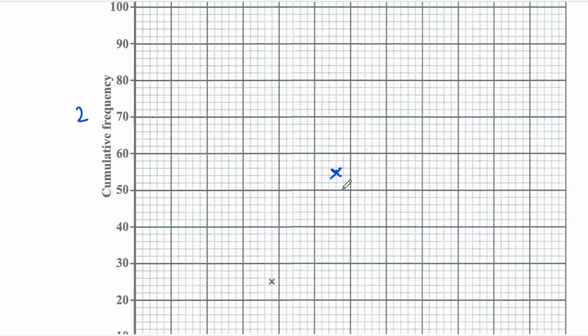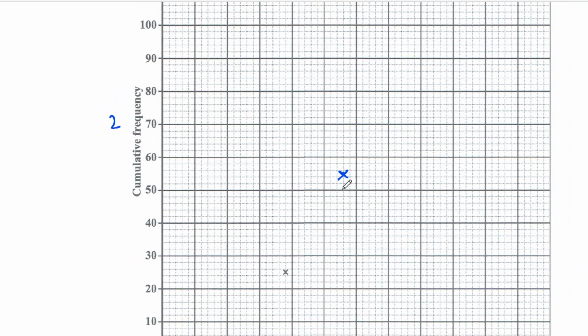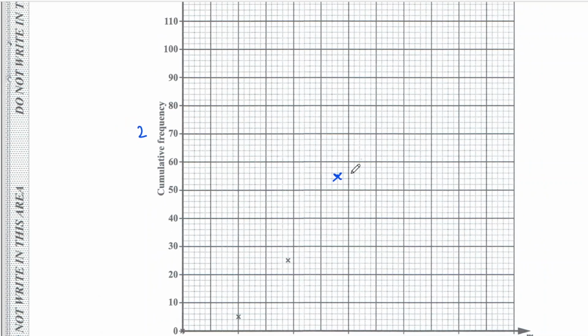And then the next one is 6.2 and 84. This is 5.5, this is 6, so 6.1, 6.2, and 84. This is 82, 84. So we put our point there.